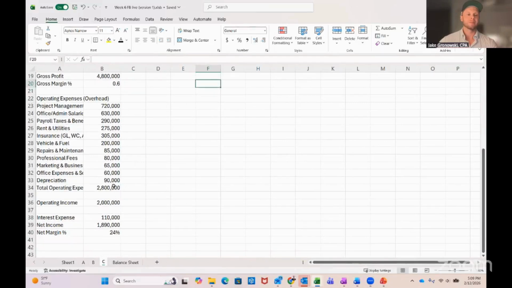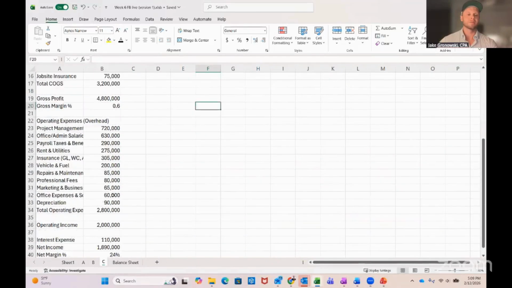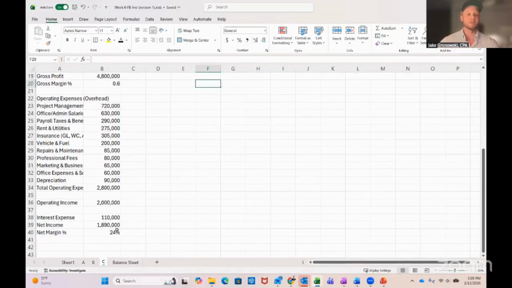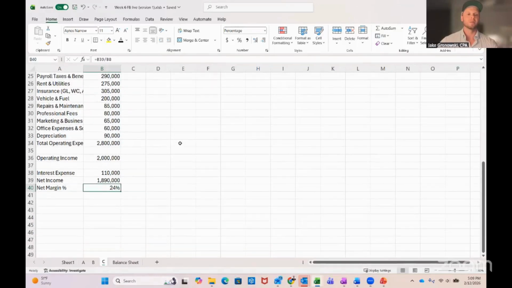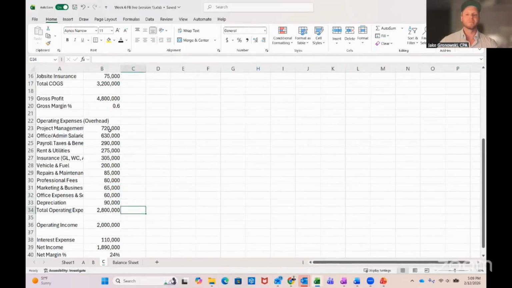Their operating expenses are only 2.8 million. Their net margin is pretty healthy at 24%. Like we had said earlier, between 10 and 20% is kind of where you want to be. And this company here, there's enough room for hiring on a few individuals strategically, of course.